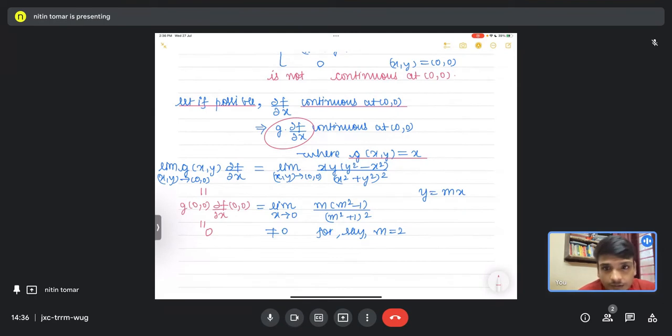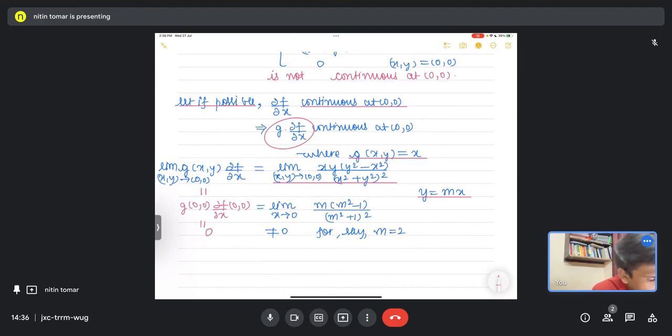Now if we compute the limit, we just plug in the values. Now we put y equal to mx. Why? Because if this limit exists as x comma y goes to 0 0, it should be the same from any direction in which x and y approach 0, so in particular from any line also. The equation of a line is y equal to mx.